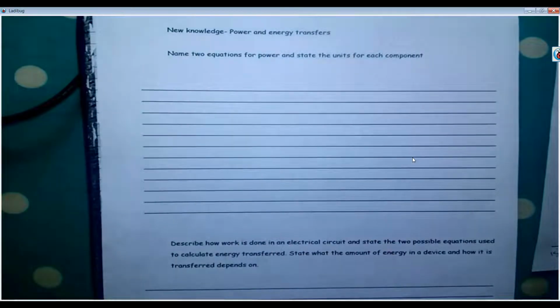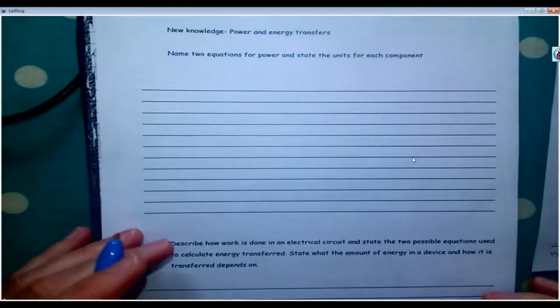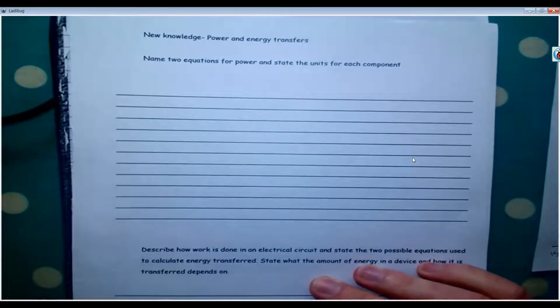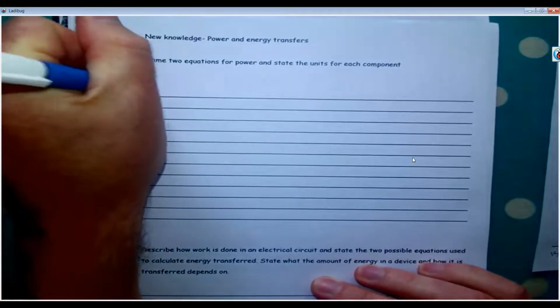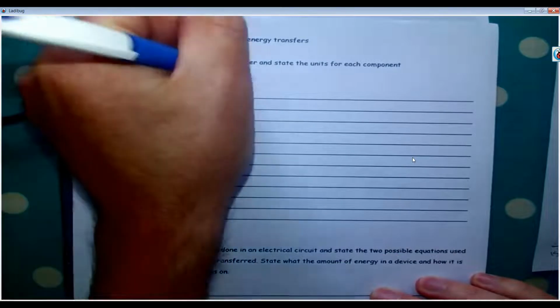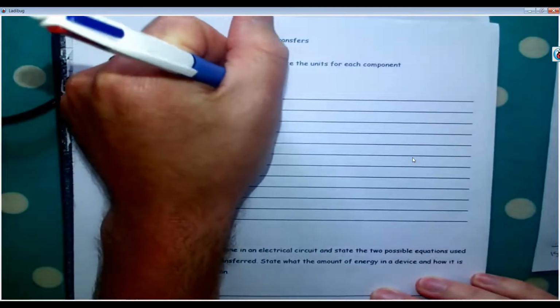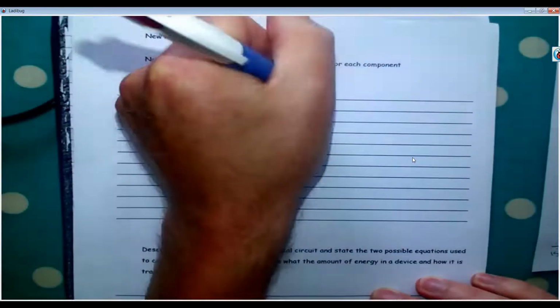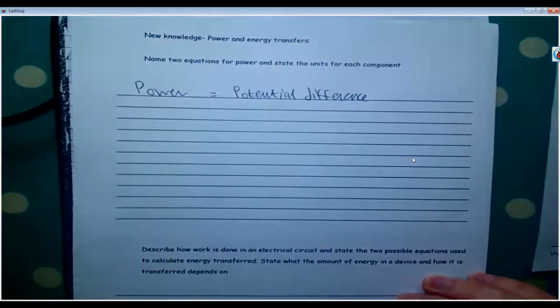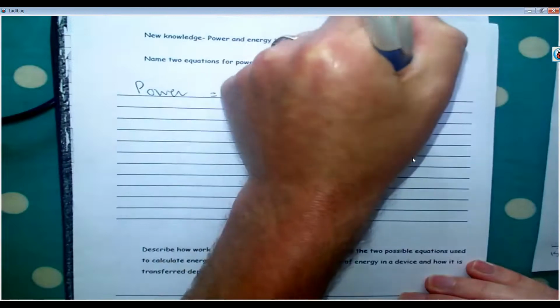And here we go. Right, so the two equations for power, what are they? And state the units for each component. So power is equal to potential difference multiplied by current.